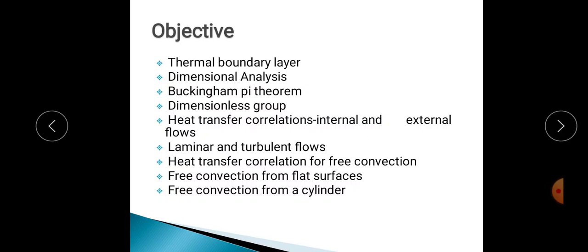Next, heat transfer correlations for internal and external flows, and the different types of flows like laminar and turbulent flows, and heat transfer correlations for free convection. Next is free convection from flat surfaces, and last we'll see free convection from a cylinder. So these are the various topics which I'll be discussing one by one here.